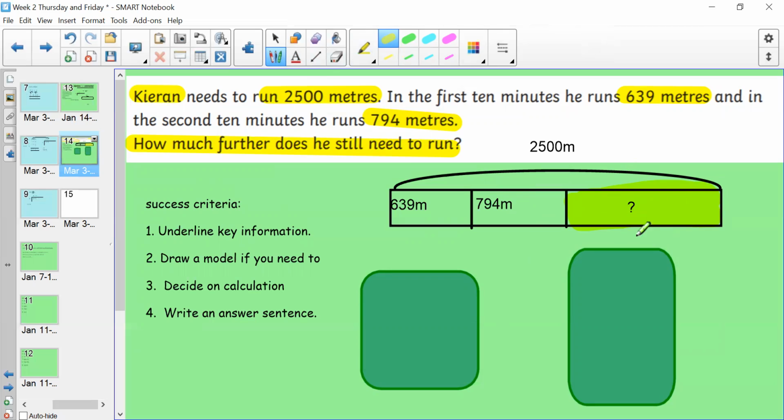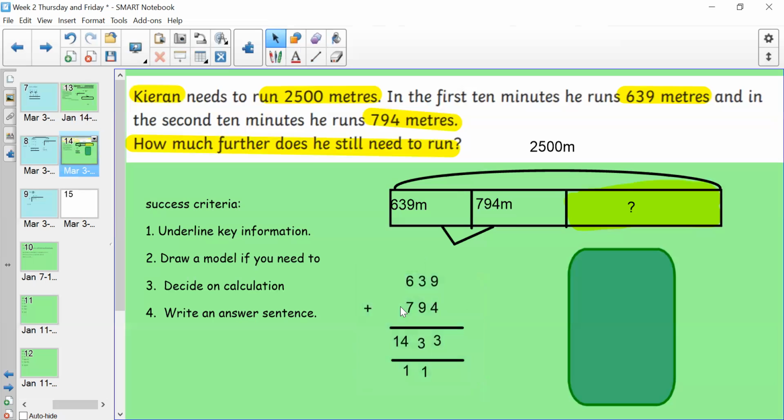So now we've got to think about how we are going to work this out. Okay, so what I'm first going to do is I'm actually going to add these two together, because it just gives me one number of how much he's run already. So if I add those two together, we do a simple column addition. So we've got 639 plus 794.